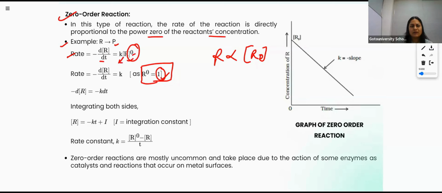So from here we can get the change in molar concentration of reactant with respect to the instantaneous time, which becomes equal to K. Now, if we integrate both sides of this equation, we will get this, and then we will find the rate of concentration.